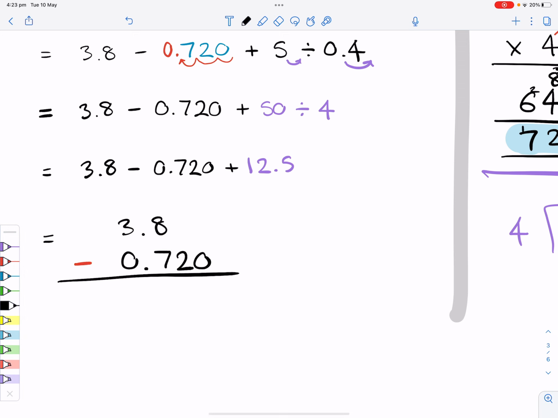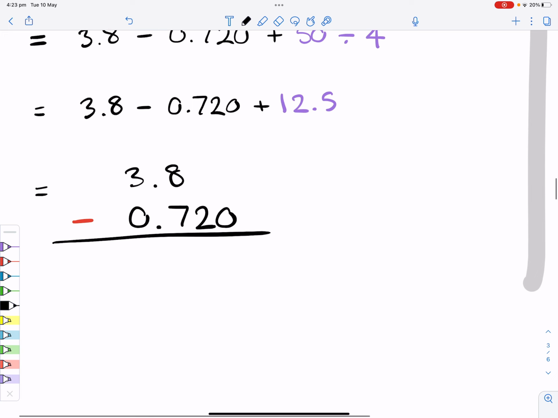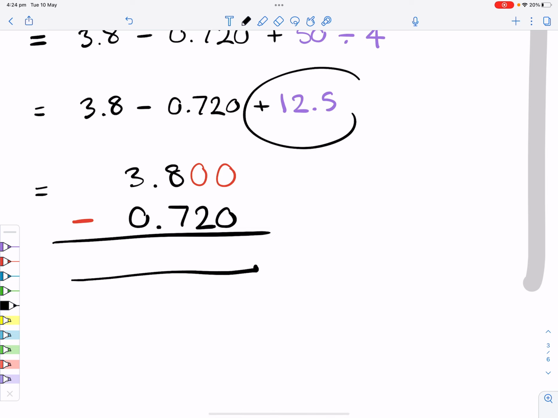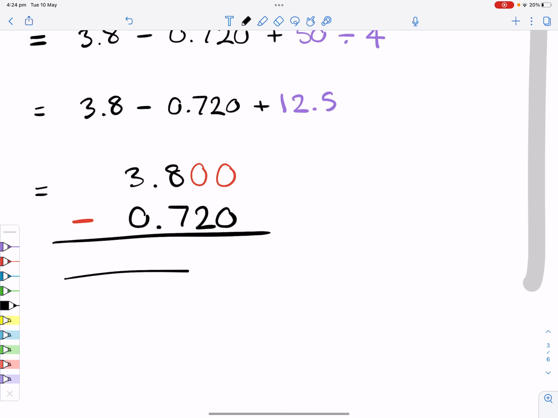And I have to introduce some empty zeros here for everything to work properly. Once I get an answer down here, I'll then add this bit to the bottom here. So let's see how I go. 0 take 0, 0. 0 take 2, can't be done, so I need to borrow from here. That drops down to a 7, that makes a 10. 10 take 2, 8. 7 take 7, 0. 3 take 0, 3.